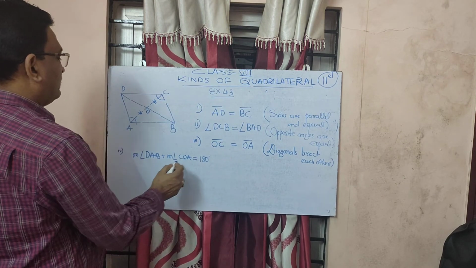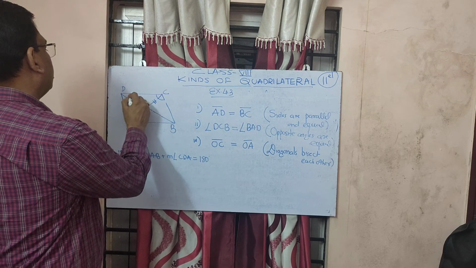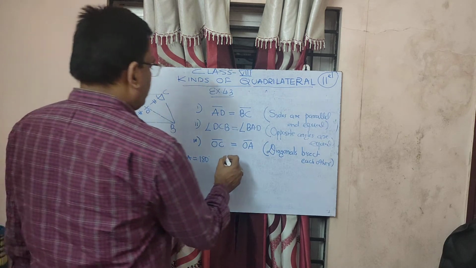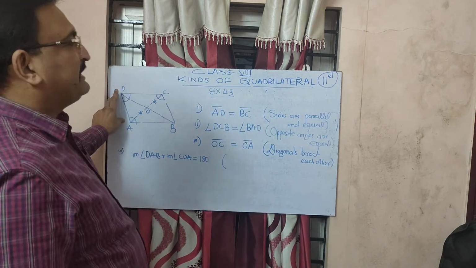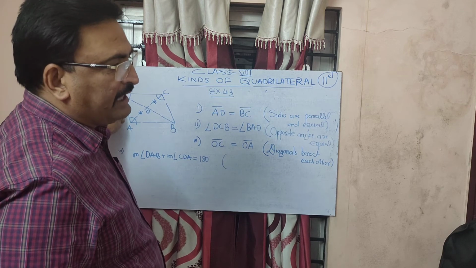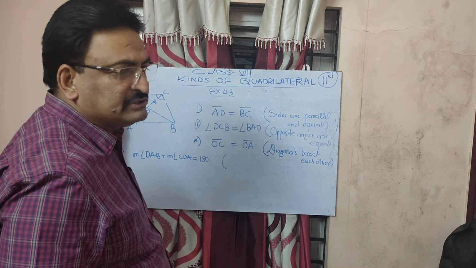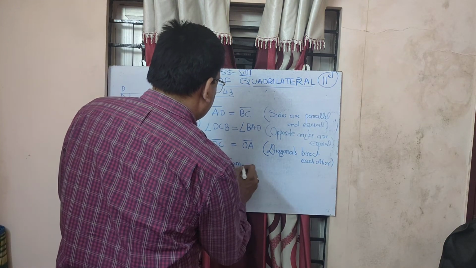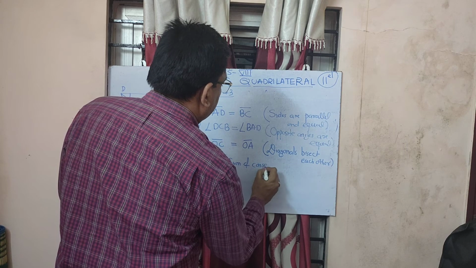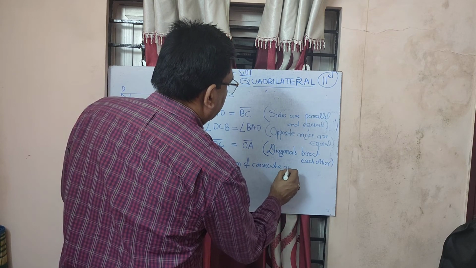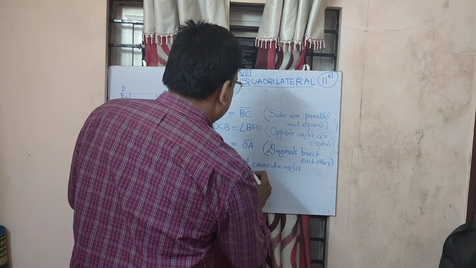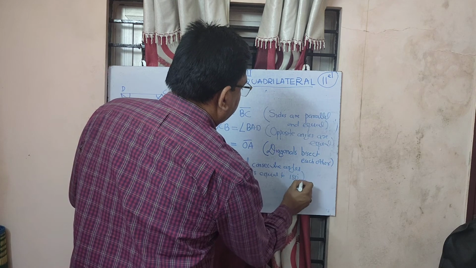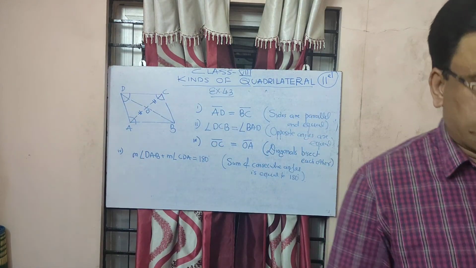DAB plus CDA. You can see the property. What is that? The consecutive angles. The sum of the consecutive angles is equal to 180 degrees.